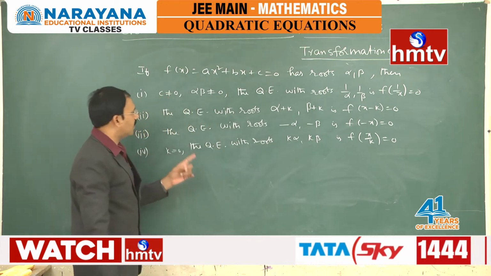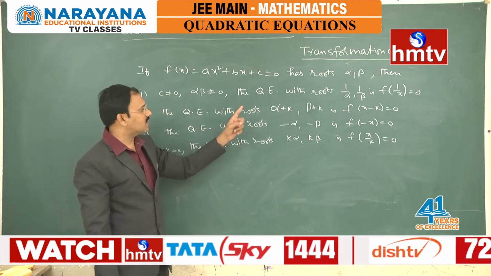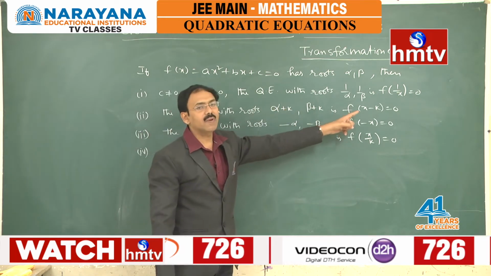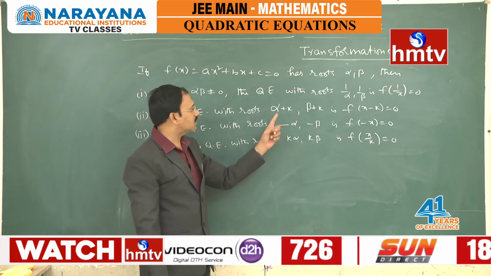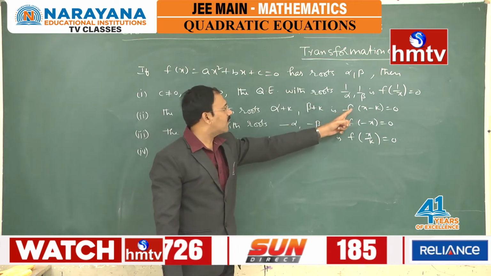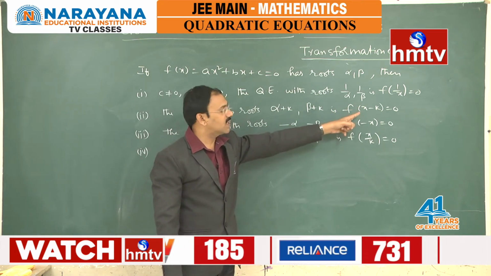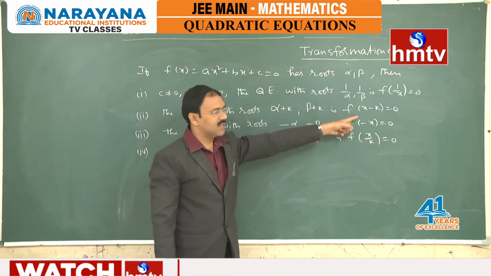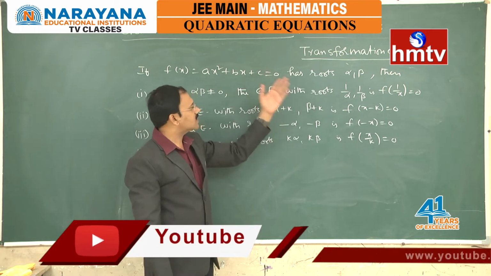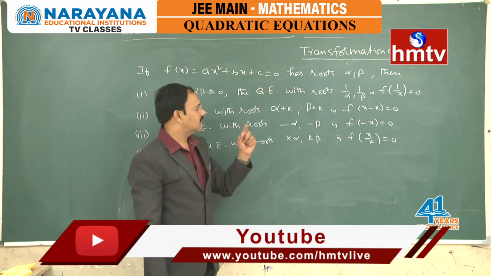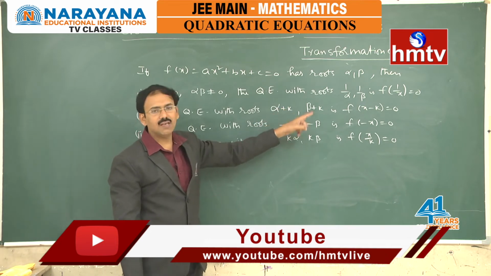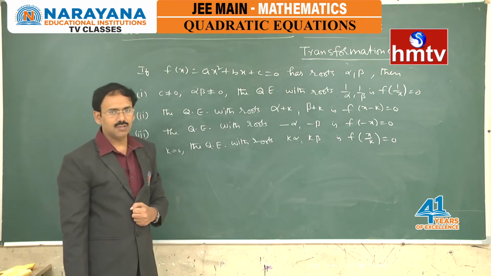In the same way, if you want the quadratic equation with roots alpha plus k, beta plus k, it is f of x minus k equal to 0, because you simply substitute alpha plus k in place of x, you will get f of alpha, which is clearly 0, beta plus k in place of x, f of beta, which is clearly 0, and hence the quadratic equation with roots alpha plus k, beta plus k is f of x minus k equal to 0.